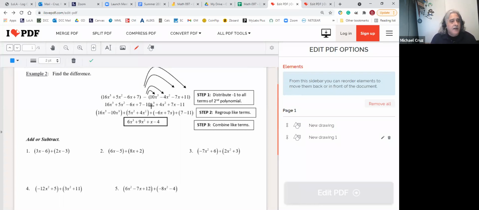When you're subtracting, we have to remember that subtraction, unlike addition, is not commutative. In other words, we can't turn it around. 6 minus 2 is not the same as 2 minus 6; it's going to be just the opposite. So it's important that when we subtract, we pass this negative sign along to every one of those four terms.